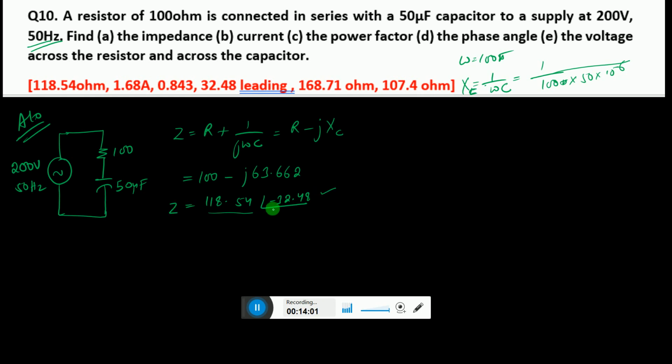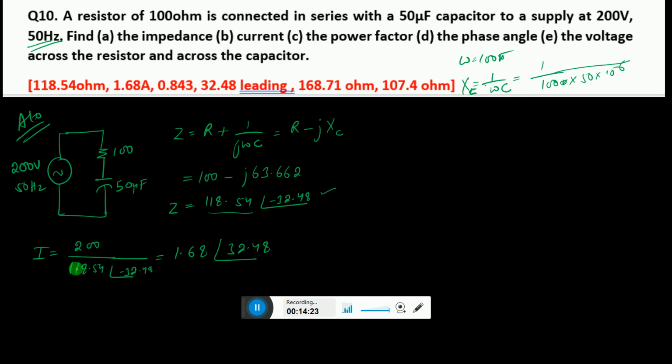Z is coming like this. So what is the value of the current over here? Current is obviously the voltage 200 divided by Z, that is 118.54 angle minus 32.48. This comes out to be 1.68 angle 32.48.